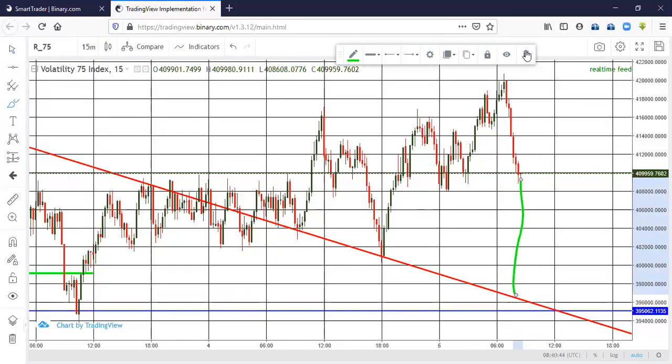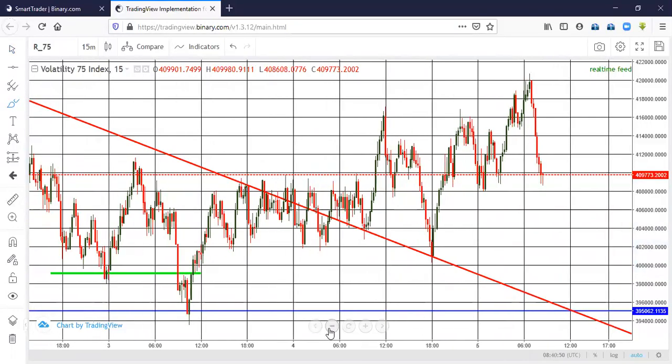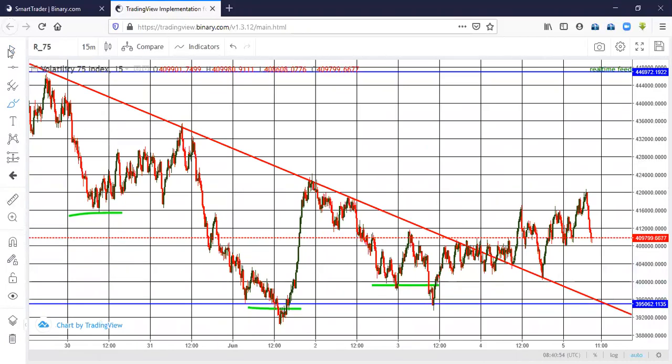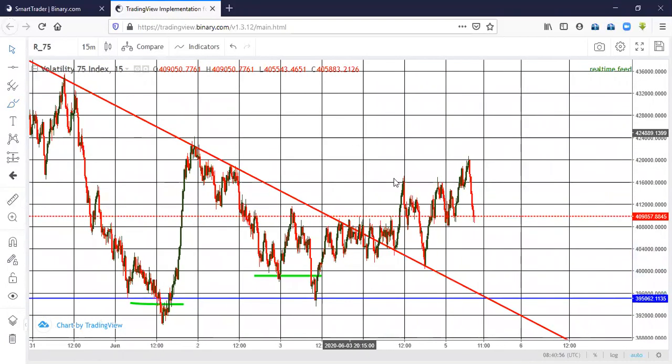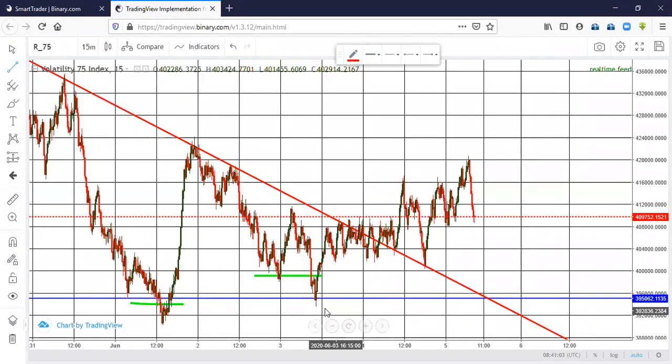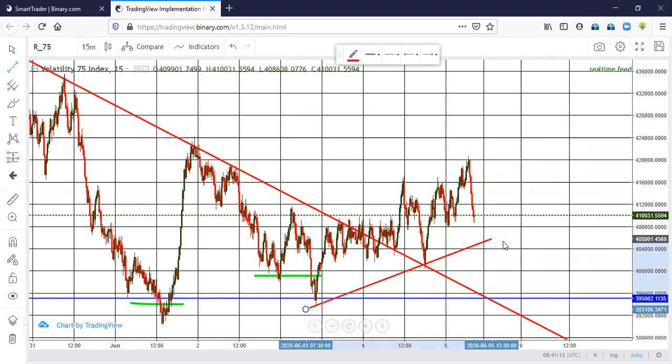This is still coming down from there, and then we also had our trend line which we had plotted here. So there is also a possibility of that other trend line which we had. So we'll have these happening.